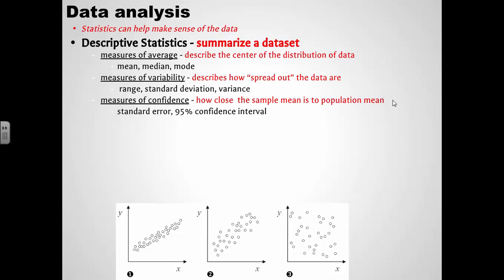Okay? So we're reasonably confident, 95% confident. So that's another way. Have you guys ever worked with those confidence intervals? Okay. Then we have something else called inferential statistics. These are often used to test a hypothesis.